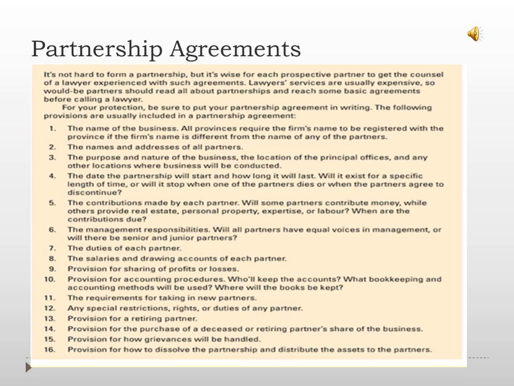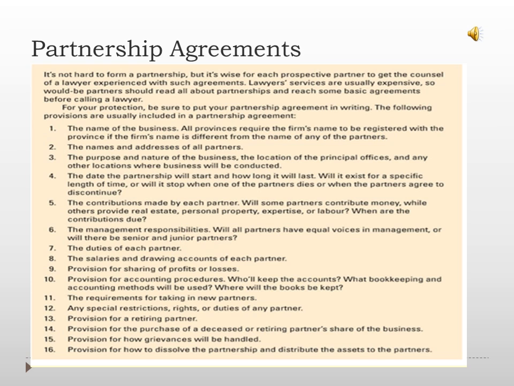Some of the things to include in the partnership agreement are the name and the purpose of the business, where it's going to be located, and the names and addresses of all the partners. Partners should be indicated in that partnership agreement when it's starting, as well as what the financial contributions of each of the partners are.